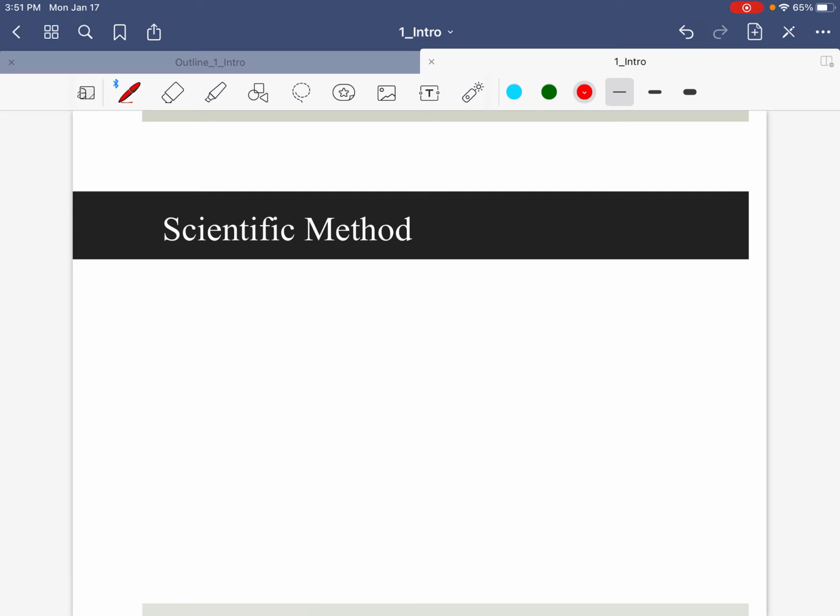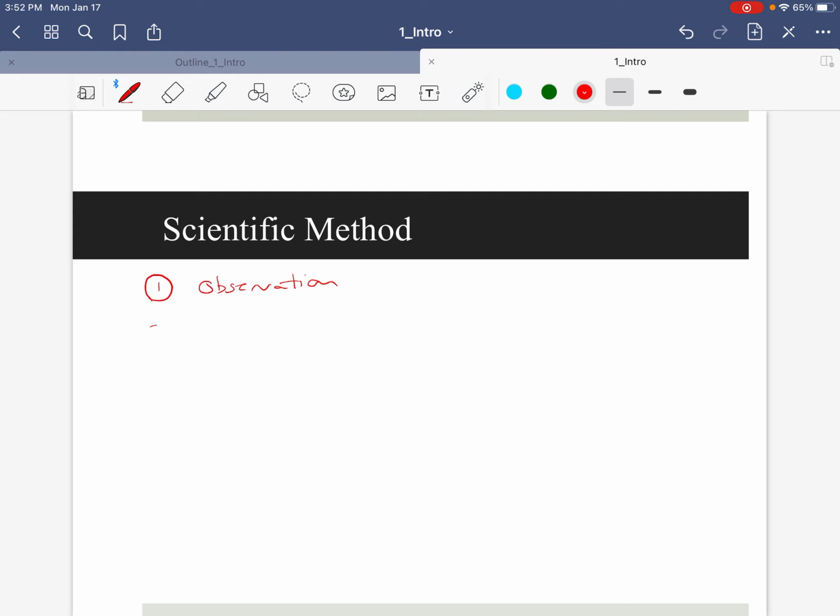I was looking in the notes to see if they were there. So just make sure you review this, and you might see them be called different things, but the basic steps are the same. So the first thing you have to do in the scientific method is observation, and I think sometimes people forget about that. The way that we come up with ideas to do a scientific method study is we observe things in the world.